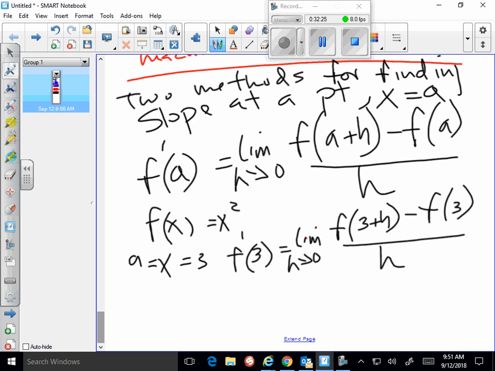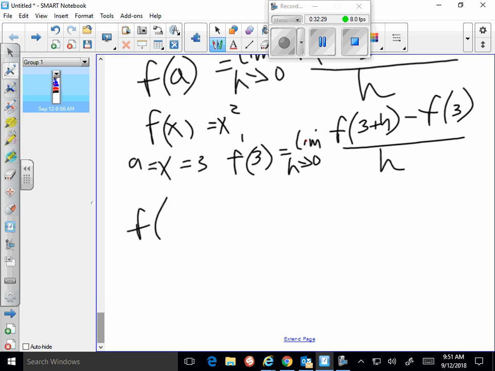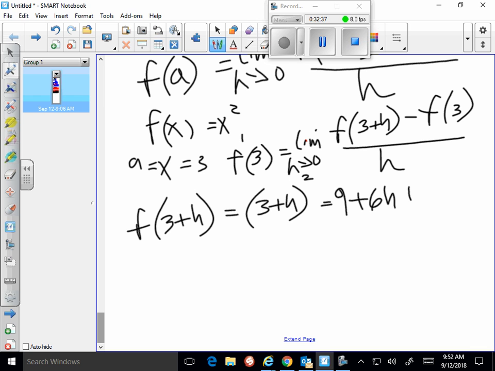Right. So f of 3 plus h will be 3 plus h squared, or 9 plus 6h plus h squared. And how did you say I would find f of 3? So f of 3 will be 3 squared, or 9.